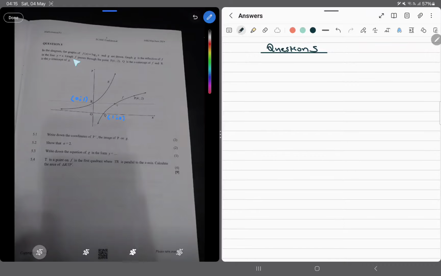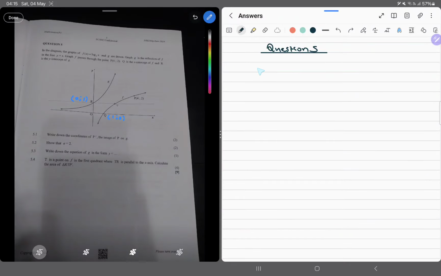Now, graph of f passes through this point P with coordinates of 4 and 2. Q is the x-intercept of f, and r is the y-intercept of g. So we could already look at those. So the exponential graph is usually easy, guys, so no need to worry at all there. So everything is fine. So let's just jump in.